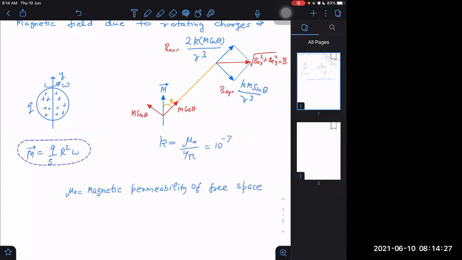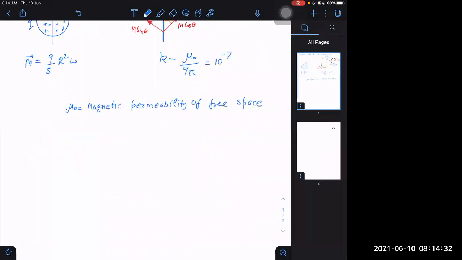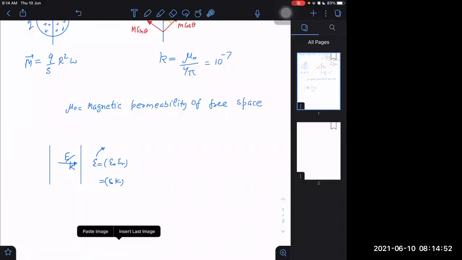For example, if I have a capacitor plate without any dielectric, the electric field comes out to be, let us say, E. Then with a dielectric it becomes E by K, where epsilon becomes epsilon naught into epsilon R, or epsilon naught into K. So indirectly, epsilon is giving us information about the electric field lines which can pass through a dielectric. Similarly, mu naught gives us information about the magnetic field lines that can pass through a magnetic material.